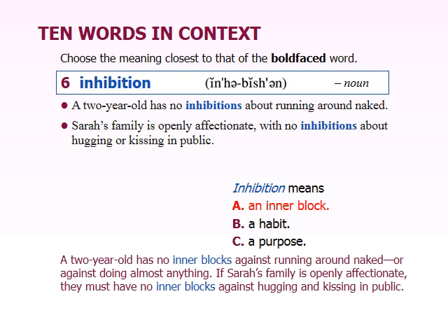Like, for example, a lot of people have inhibitions about either singing or dancing in public. Meaning, singing and dancing, they're not necessarily bad things, but inside of them, they're worried that other people are going to judge them or make fun of them. And so it's not that anybody's saying to them, "Don't sing, don't dance." It's just something inside of them that keeps them from doing it.